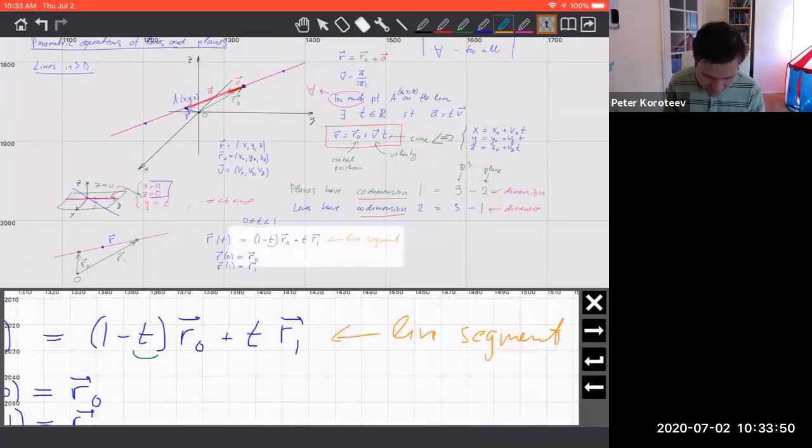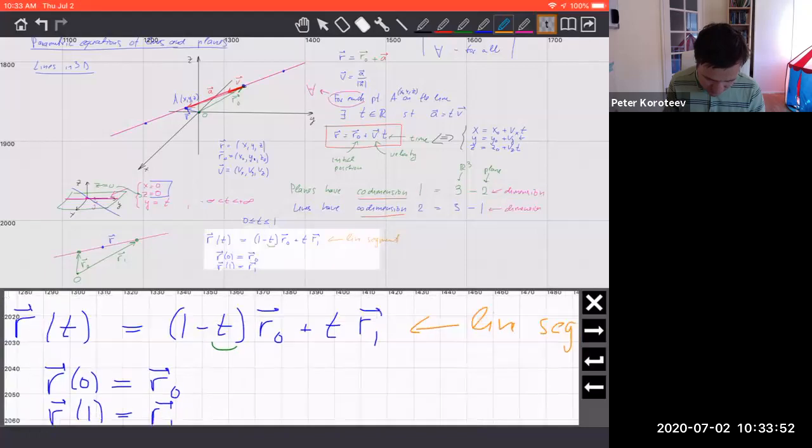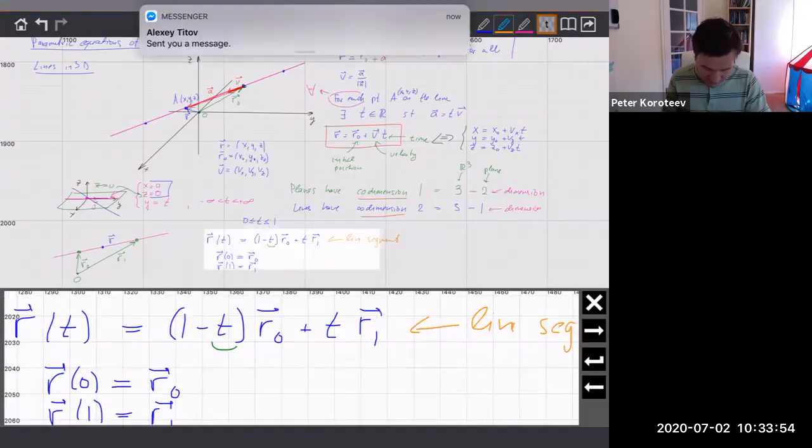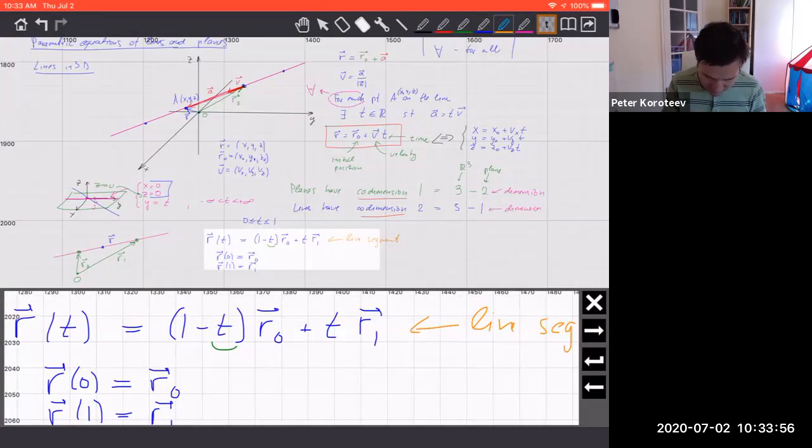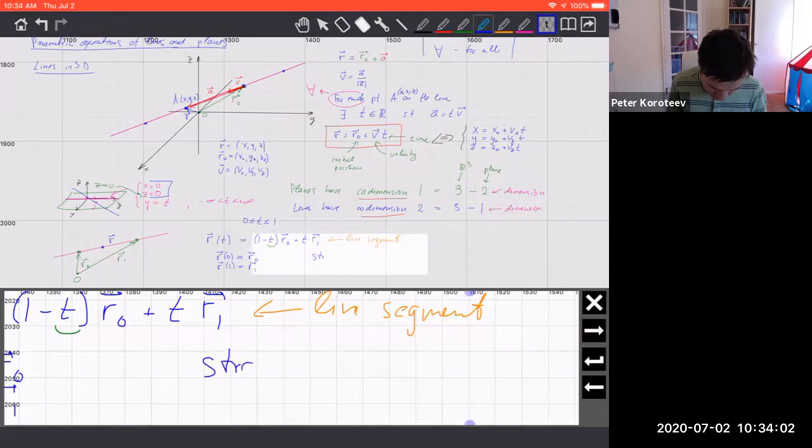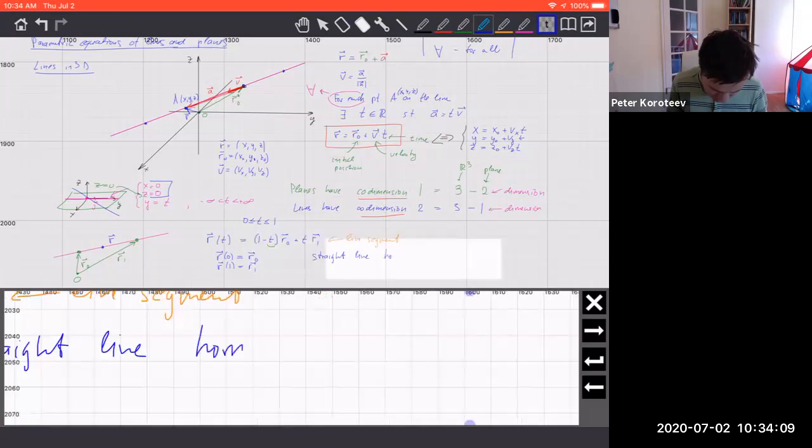And I'm sure you'll see this formula later when you take higher classes. This is the so-called straight line homotopy between these two points.